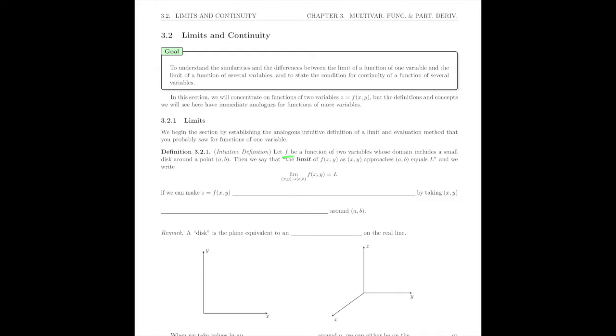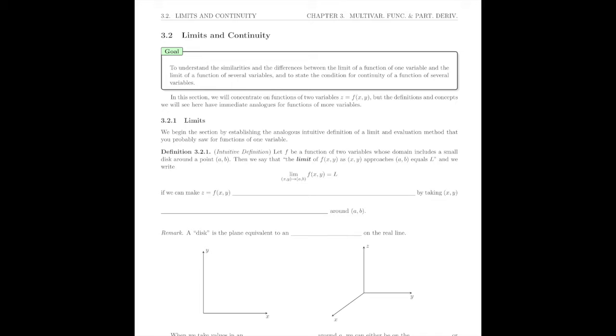Let f be a function of two variables whose domain includes a small disk around a point AB. We'll talk about a disk in just a second. Then we say that the limit of f of xy as xy approaches AB equals L, and we write a limit notation that you're very familiar with, except it's not just x going to a point A now, but xy going to AB.